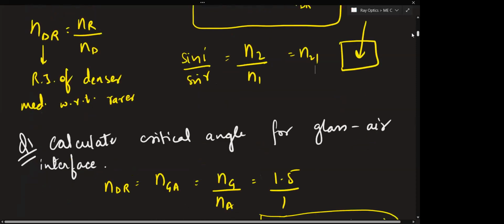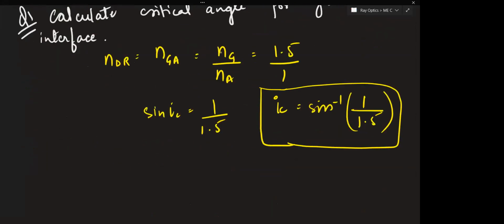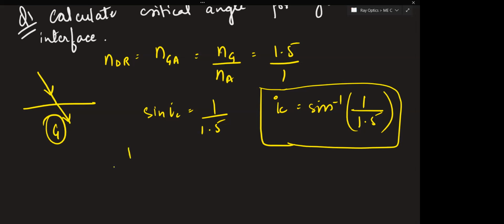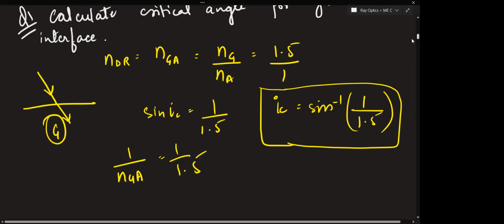So you can shift this according to your need. For example, in this question, it was glass with respect to air. So glass will come first and then air, because we know from air the light is entering into the glass. So glass refractive index will be written first, then air's. And this is 1 by NGA, which is written as 1 by 1.5. So this writing of the variables is up to you.